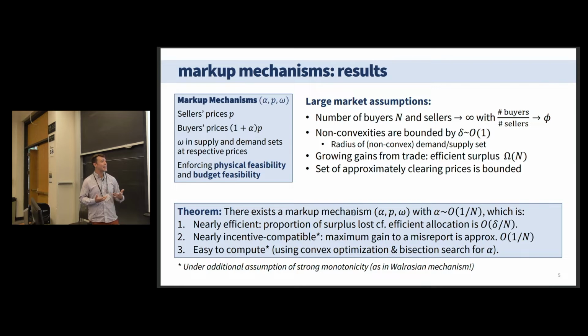And I'll explain this later, but under an assumption called strong monotonicity, the maximum gain to any misreport in both the Walrasian mechanism and this instance of the markup mechanism is of order 1 on n. Finally, this mechanism is easy to compute in some sense. In particular, it only requires convex optimization problems to solve conditional on any alpha, and then we'll perform a bisection search over alpha. So really, the only hard part of convex is that bisection search.